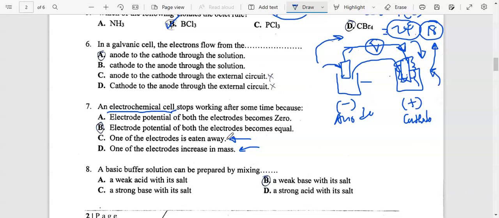One of the electrodes is eaten away. When one of the electrodes is eaten away, this is going to make the cell stop working. Why is it going to stop working? Because where are electrons going to flow through? That is the reason this is going to happen. I hope that is clear.